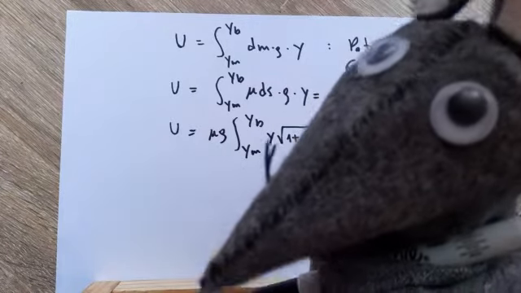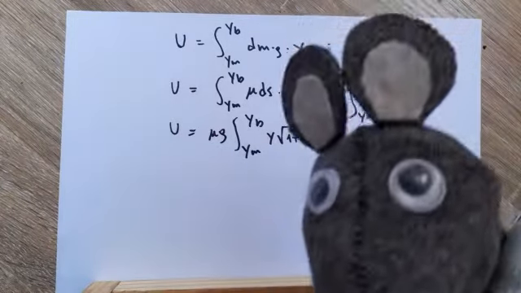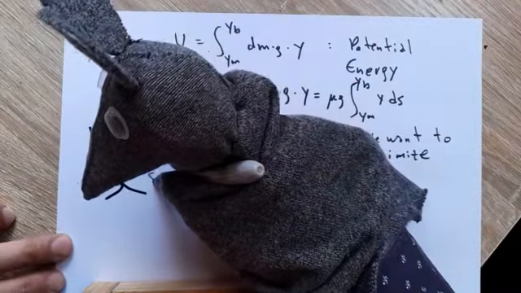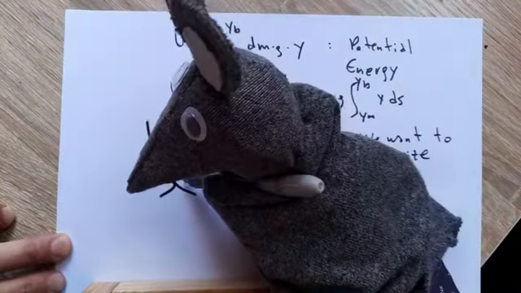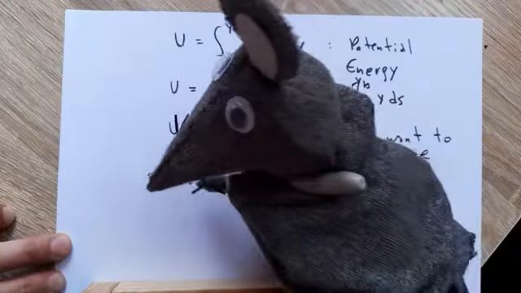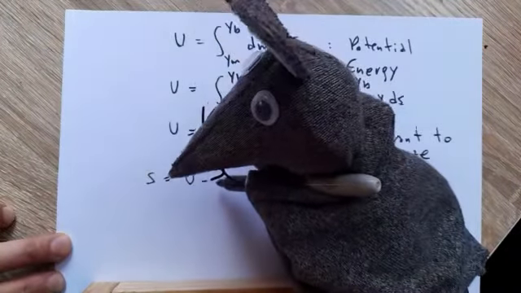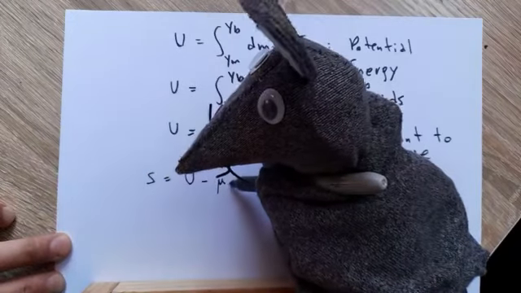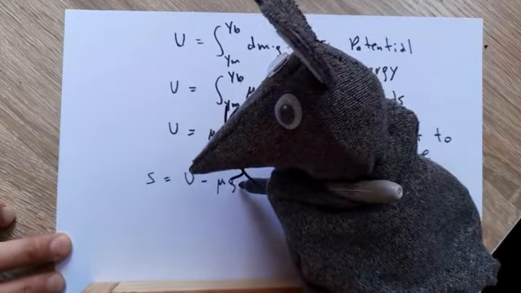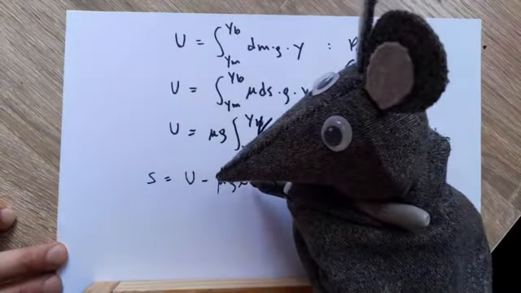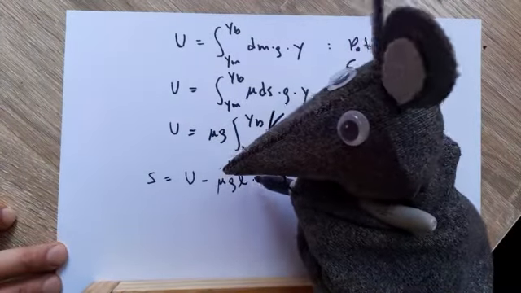Then we will write an action, S equals U minus mu g lambda times L, where lambda is the Lagrange multiplier.